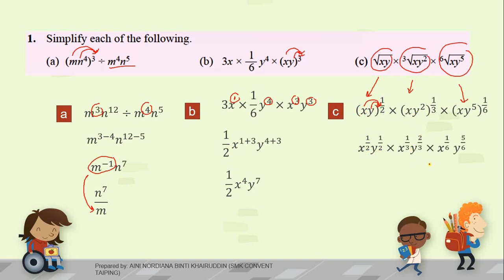Here also do the same thing. And then for x, 1 over 2 plus 1 over 3 plus 1 over 6. For y, 1 over 2 plus 2 over 3 plus 5 over 6. Then you get this answer.